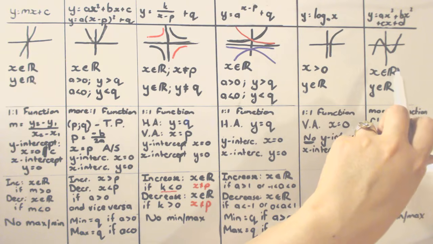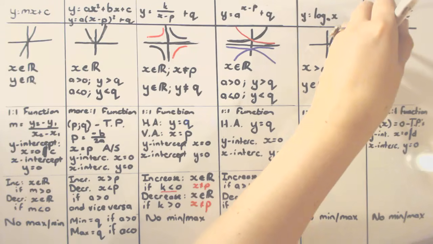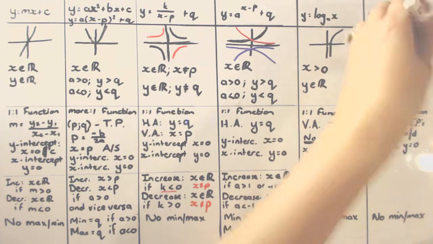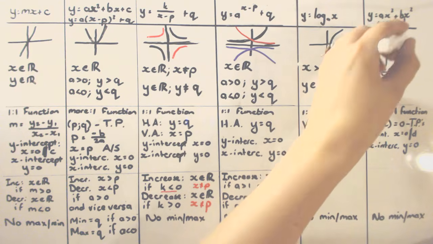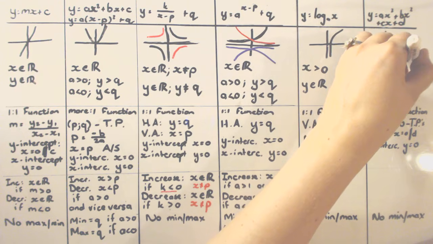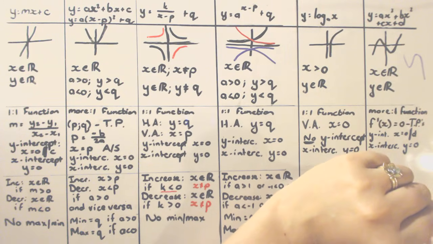And for this one, this is also quite complicated, because there's a bit that increases, a bit that decreases, and a bit that increases if the a value is positive. If the a value is negative, the graph looks like this, and then there's a decrease, increase, decrease.